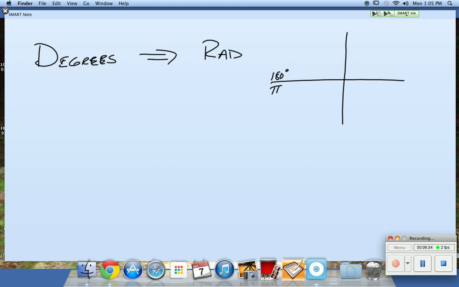Then I'm going to put my pi on top. So let's say I've got 45 degrees, and I want to figure out how many radians that is. I'm going to multiply this by, I'm going to put the pi on top, because that's what I want to go to, over 180 degrees. Now my degrees cancel out, and I'm left with pi. 45 divided by 180 comes out to what?